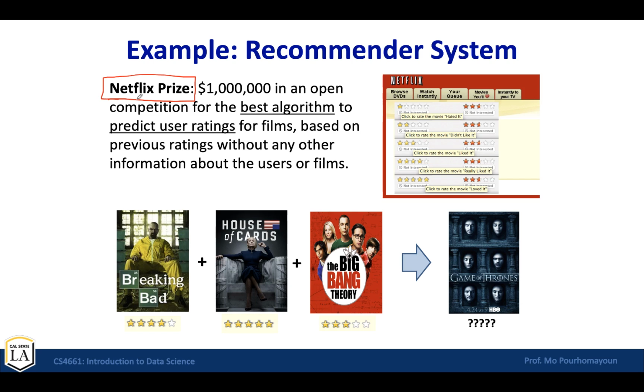for the best algorithm to predict user ratings for films based on previous ratings without any information about the users or films. So the people who designed this algorithm didn't have any information about users, no information about the movies. They just knew the previous ratings and feedback of each user.